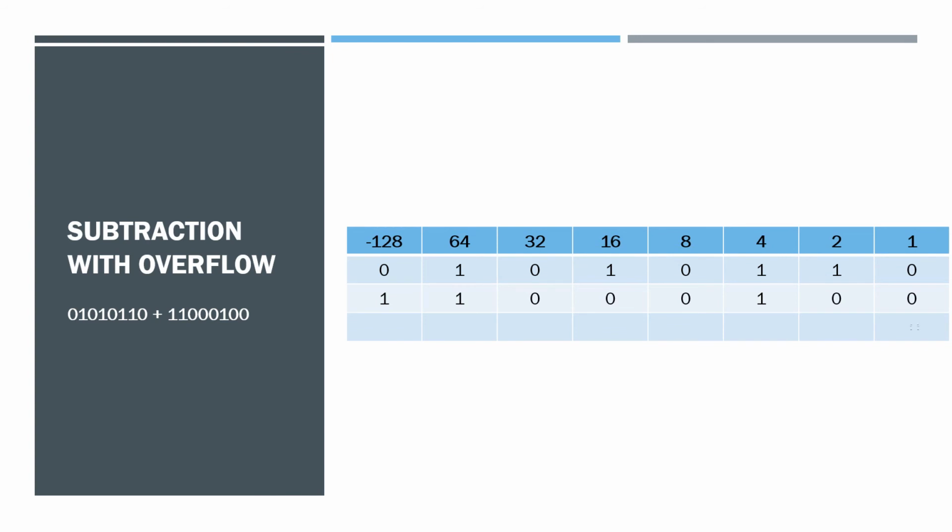So let's just quickly do that, going through each column, showing the carry bit where it occurs. In the 64's column, 1 and 1 is 0 and carry 1. In the minus 128 column, we've got two 1s. We add them together, that's 0 and carry 1. So we've got a carry bit.